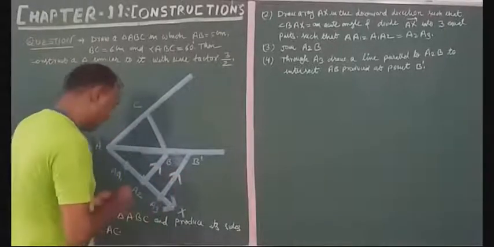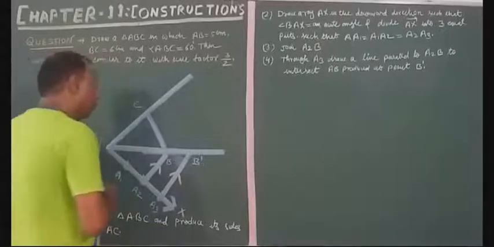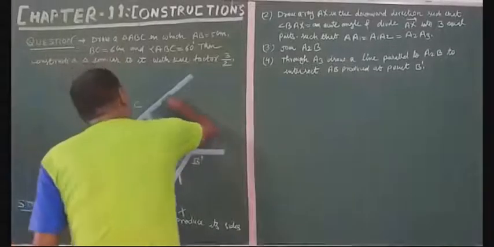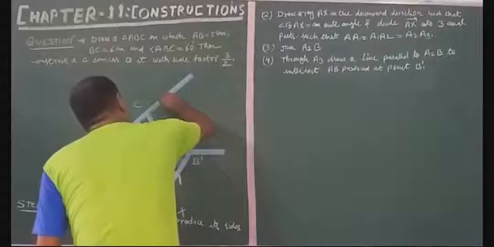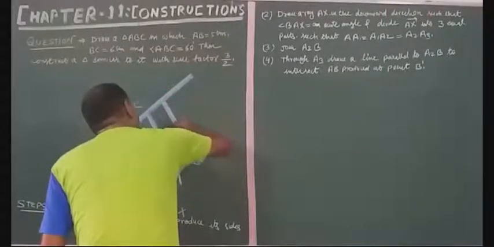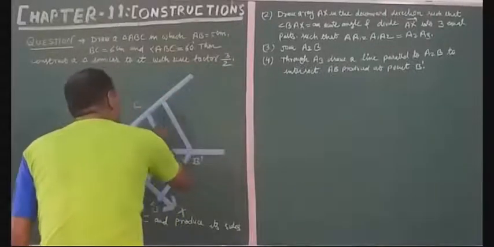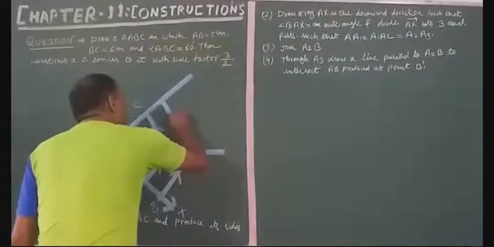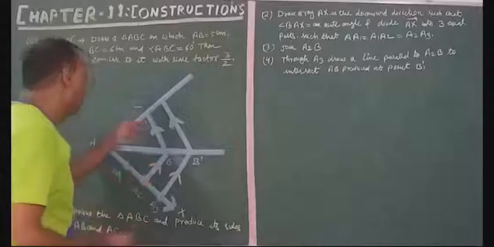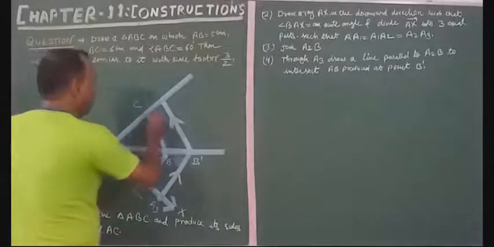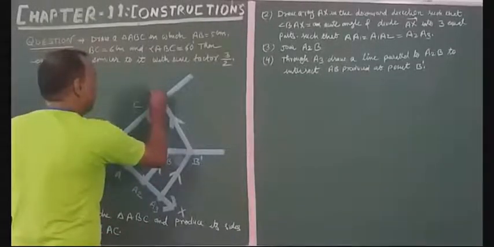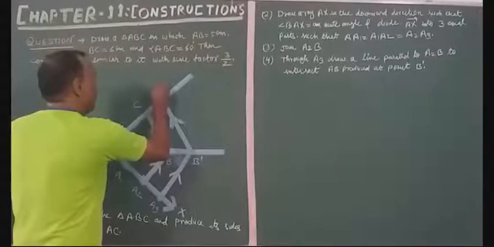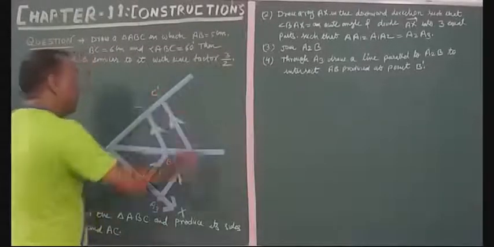And again, through point B dash, we will draw the line parallel to BC to intersect AC at C dash. Is it there?